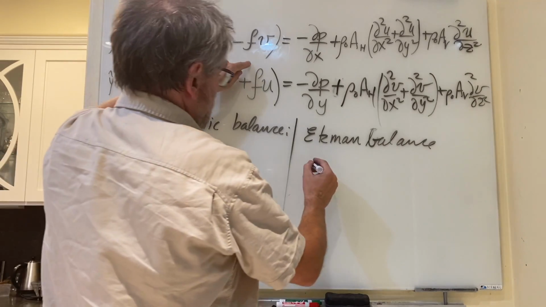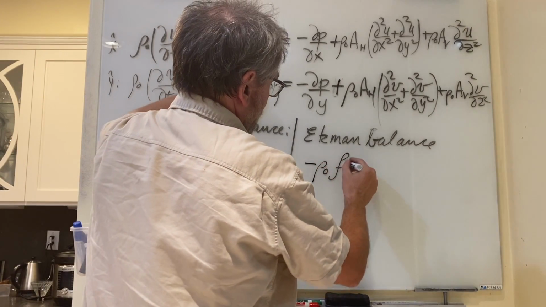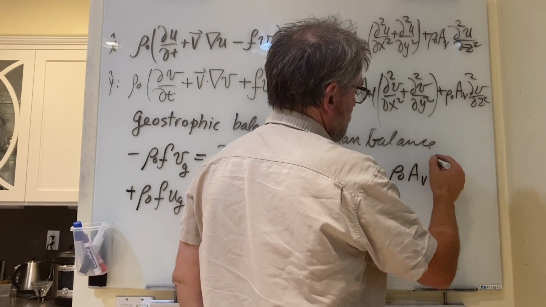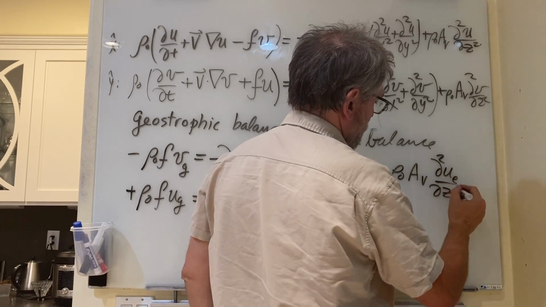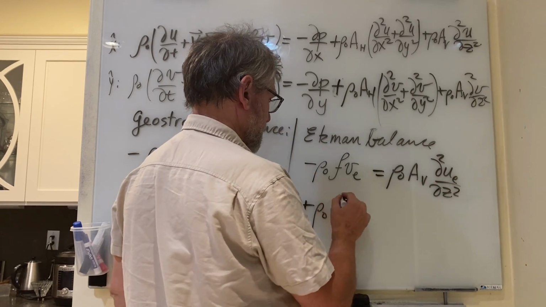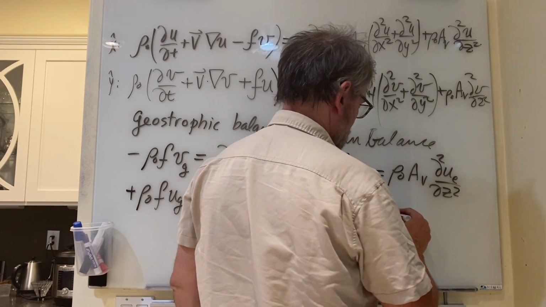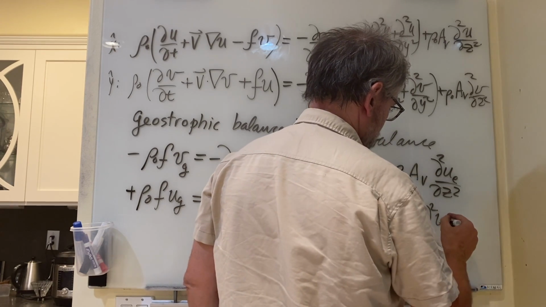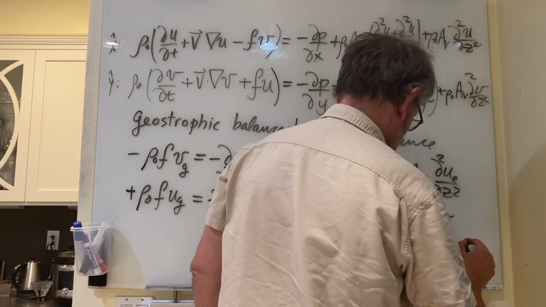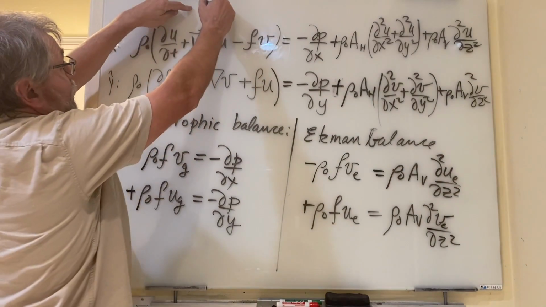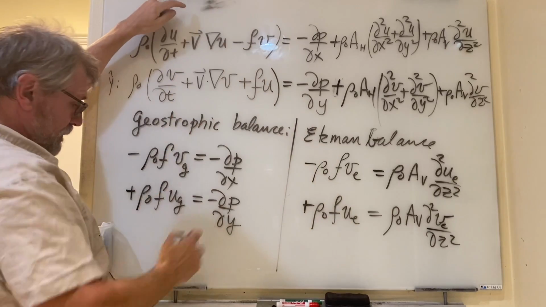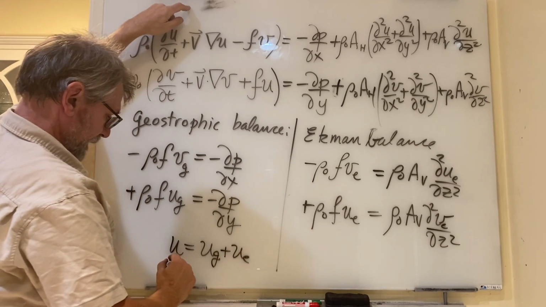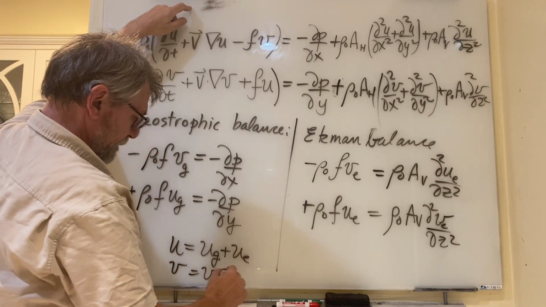So what we have is minus rho naught f v Ekman is equal to rho naught A_V d2u Ekman/dz squared, and plus rho naught f u Ekman is rho naught A_V d2v Ekman/dz squared. All right, so the full velocity u is equal to u geostrophic plus u Ekman, and v is v geostrophic plus v Ekman.